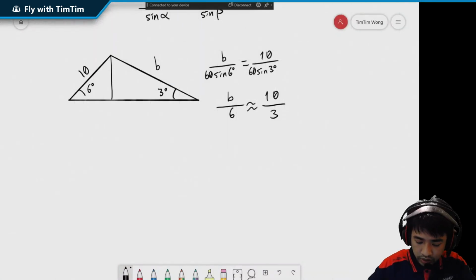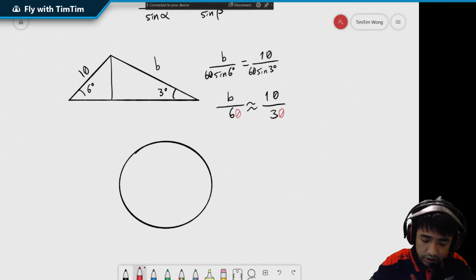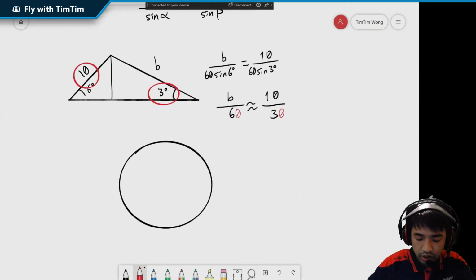Now, we can then divide both sides by 10 because our flight computer shows 60 instead of 6. Okay, so flight computer. We know 3 degrees and 10. We usually put distance in the outside scale.